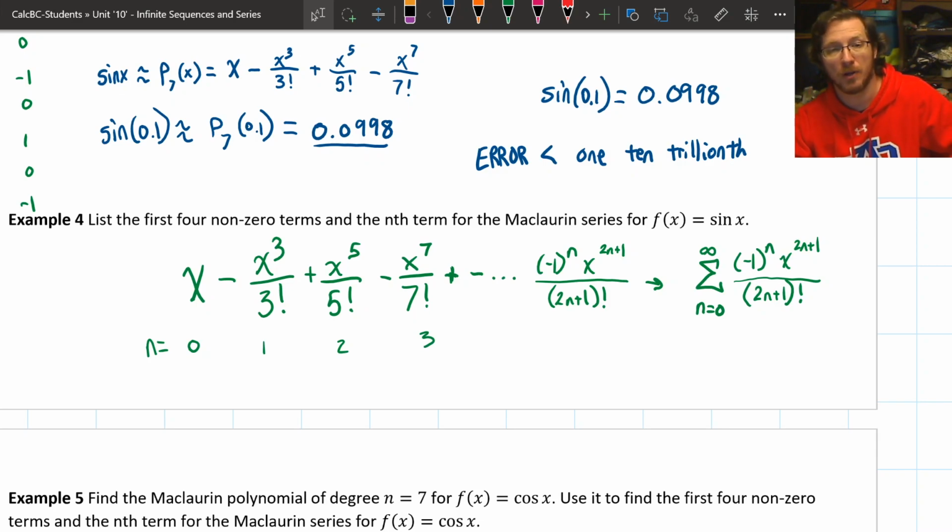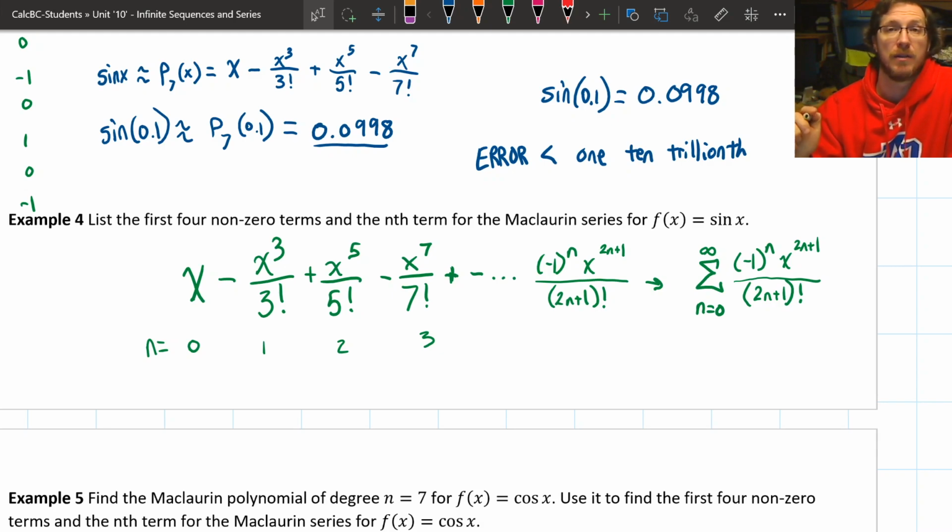All right, in the next part, we'll look at a couple more Maclaurin series examples and get into some Taylor series where our center is not 0.